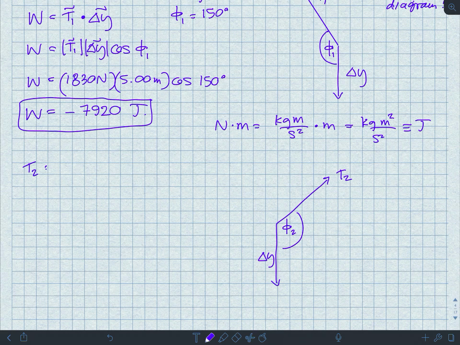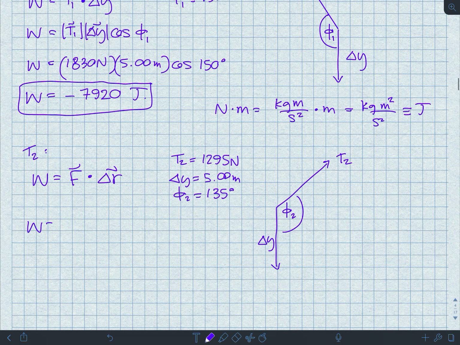All right, so now let's get our equation. We know that tension 2 is 1295 newtons. Delta y is still 5 meters, and now phi 2 is 135 degrees.